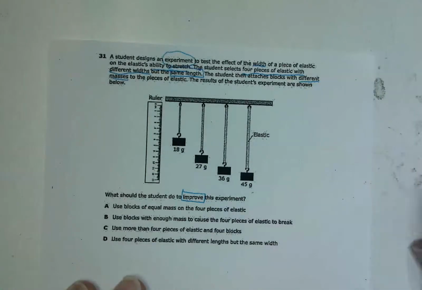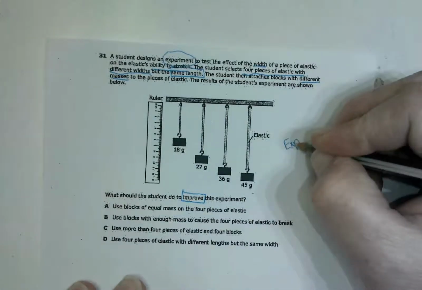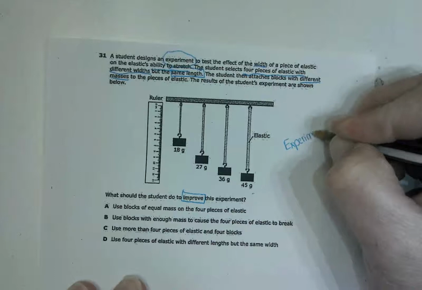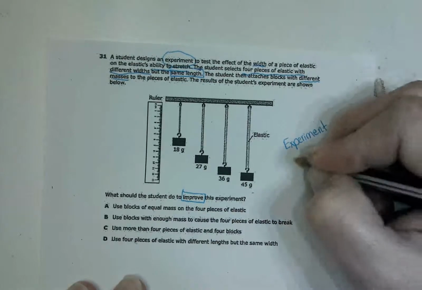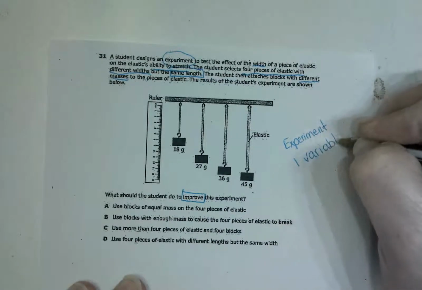So when we're doing an experiment, we know that we need to change only one thing. An experiment has one variable. The thing we change, one variable.